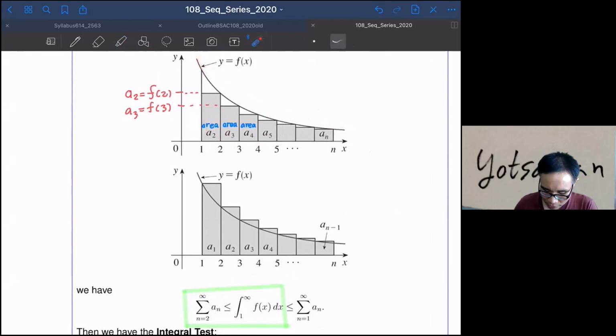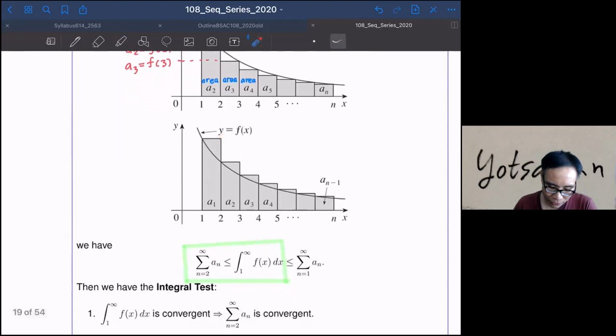In this case, it's the integral from 1 to infinity of f(x) dx. However, if you add a_1, so you have a_1, a_2, a_3, a_4, you're going to get something extra.